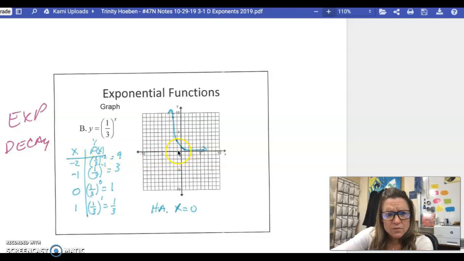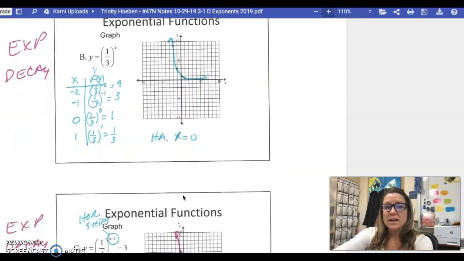So at -1, we have a point at 3, and at -2, we have a point at 9. And so if you look at it going this direction, it's going to get really large really quickly that way. And again, another horizontal asymptote at y equals 0. That's going to get really close, but never actually touch the x-axis.